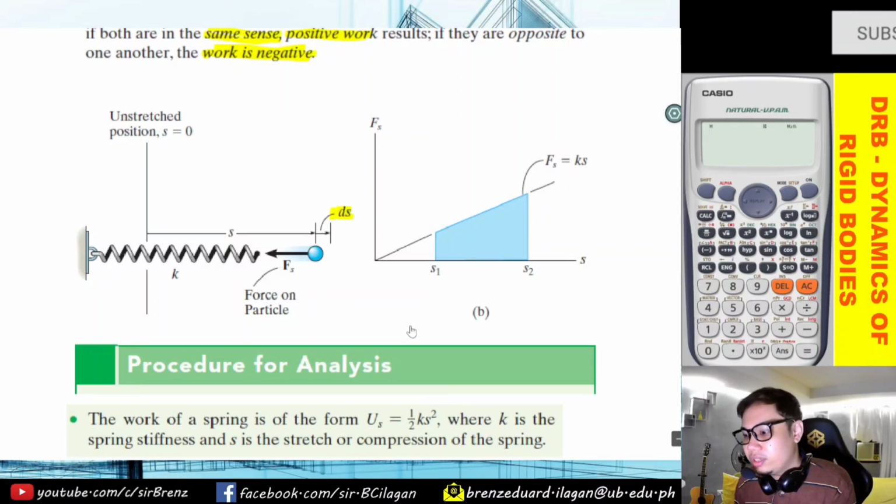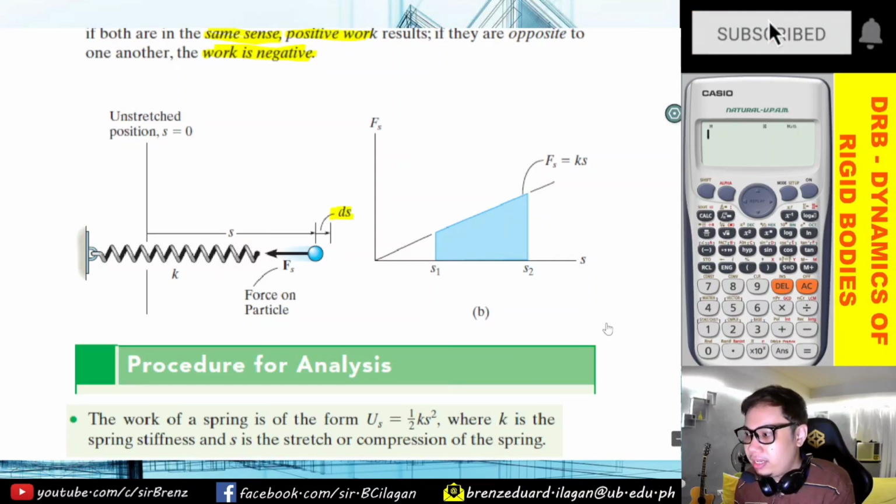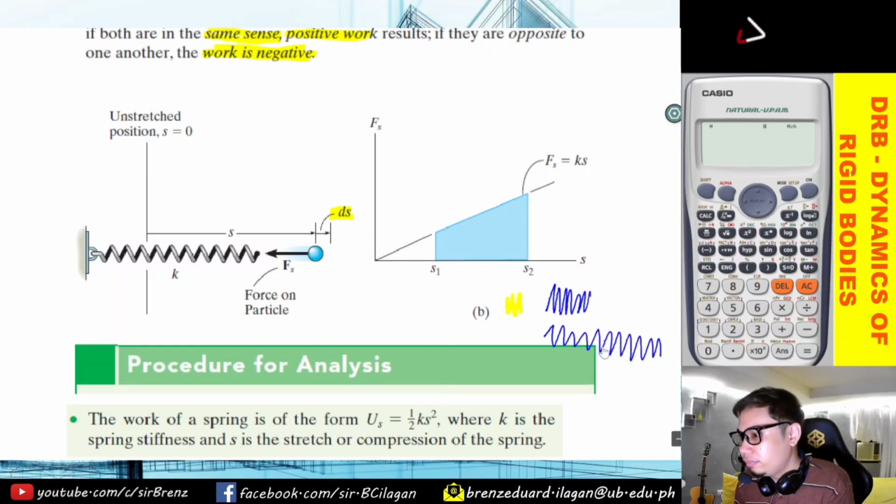So kapag nag-length yung ano mo or na-stretch, so again, ang tendency niyan, so coming from this position, originally, ayan, so kapag in-elongate mo yan, yung force ng spring mo is katulad nito.